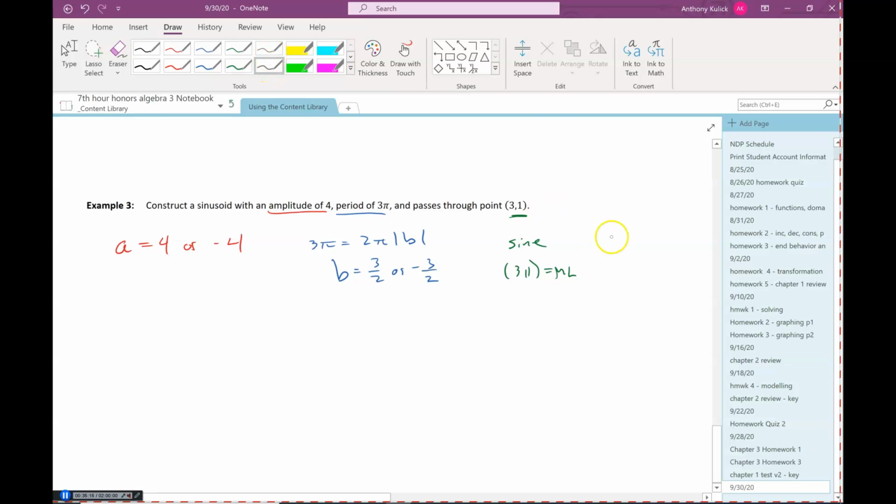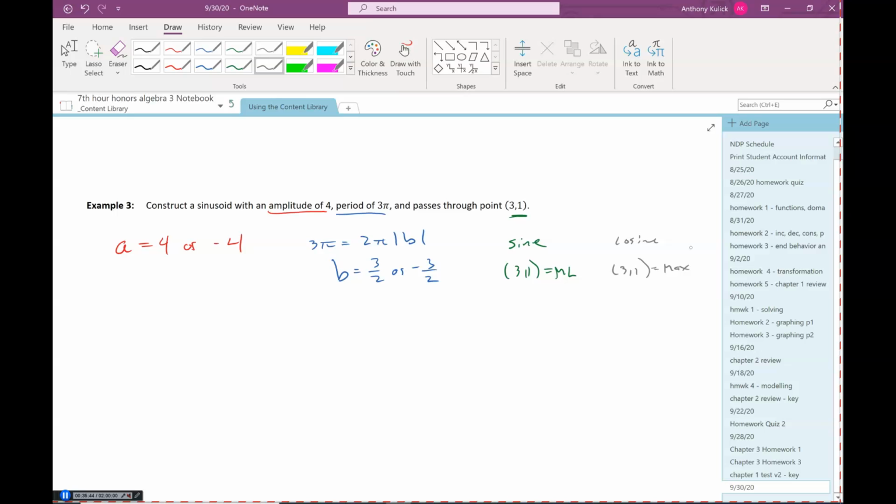If we're writing a cosine function, what would be the best kind of point for (3, 1) to be? A maximum or minimum, right? That's what we needed to find the h values for each of these. So let's pick that to be a maximum.